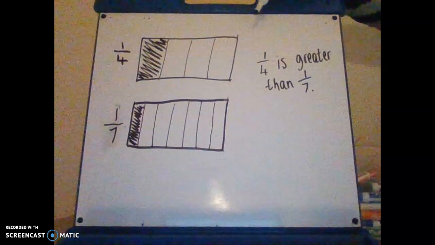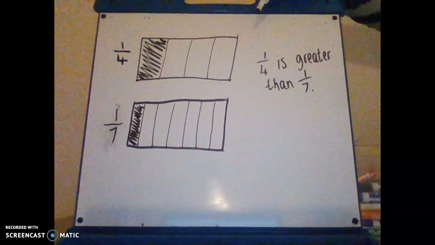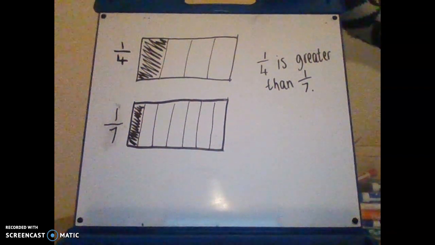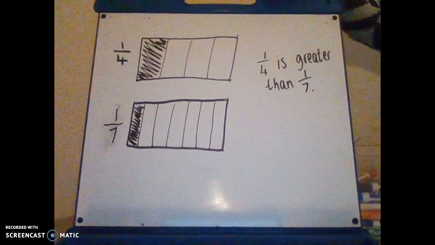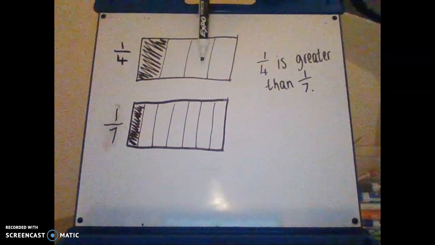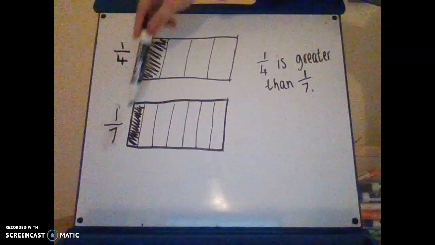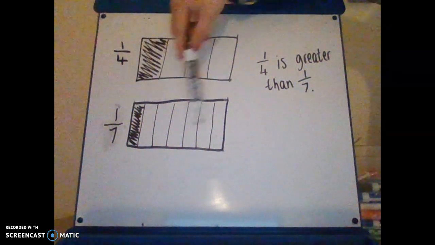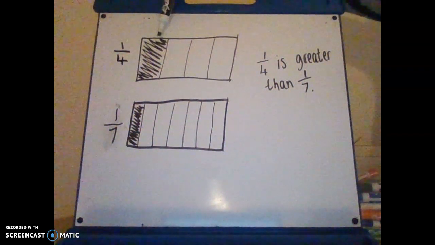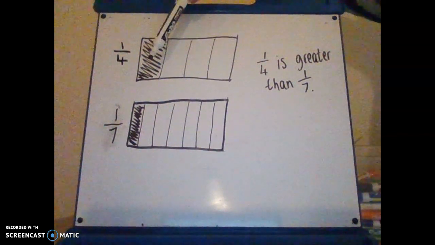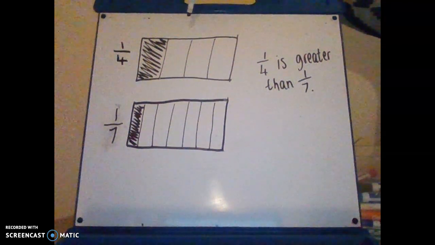We can't say that running half of one field is the same as half of another because they did not have equal wholes. But we can compare this whole and this whole because they are the same. The overall whole is the same, and we can say that 1/4 is greater than 1/7.